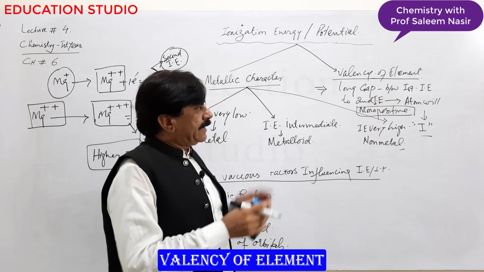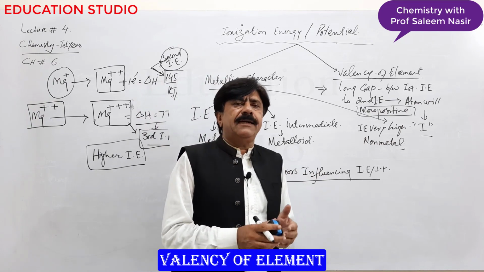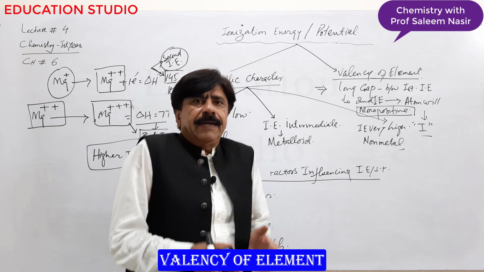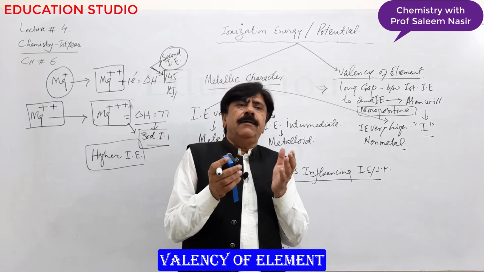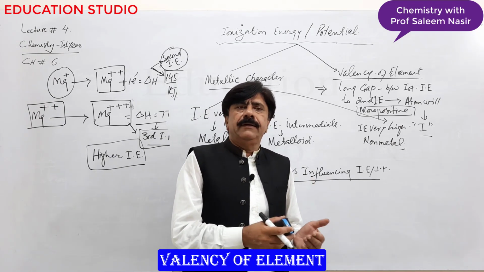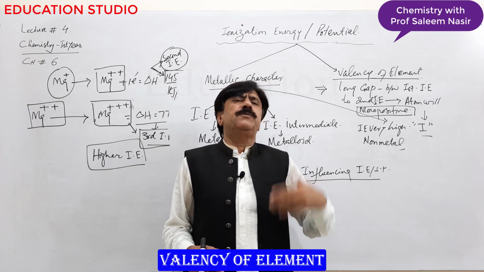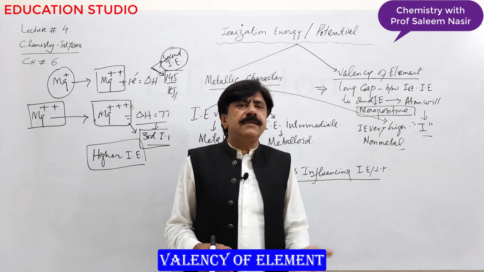If the gap between the two ionization energies, that is the first and the second, is not high, that is low, then we say that the element is divalent, so it has a valency of 2. Similar is the case for the third ionization potential and third valency.